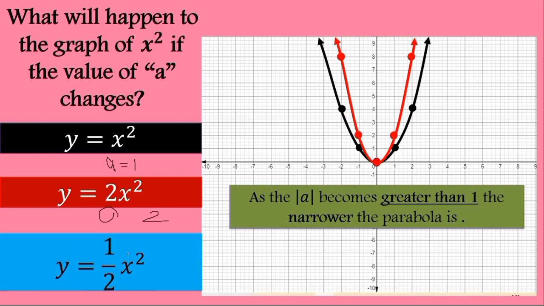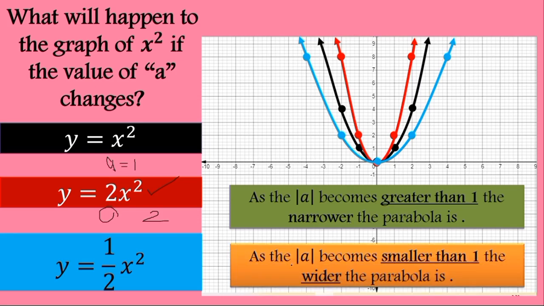y equals 1/2 x squared. And the graph of y equals 1/2 x squared is this. Now, what can you say about this? It is already shown here. As the absolute value of a becomes greater than 1, like this one, which is 2, the narrower the parabola is. Ibig sabihin, pag mas malaki daw yung value ng a sa 1, mas maliit ang opening ng parabola.